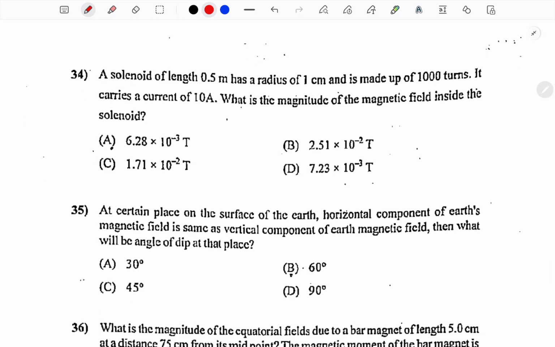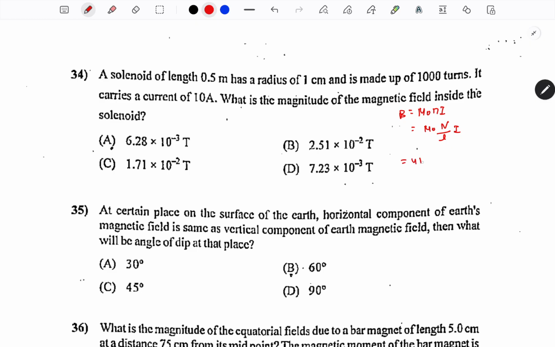Next question, a solenoid of length 0.5 cm and radius 1 cm is made up of 100 turns. It carries a current of 10 ampere. What is the magnitude of magnetic field inside the solenoid? Okay, a solenoid is given. So for a solenoid, what can we write? B is equal to mu 0 n I, and we can also write B is equal to mu 0 capital N by L into I, because number of turns per unit length is not given.